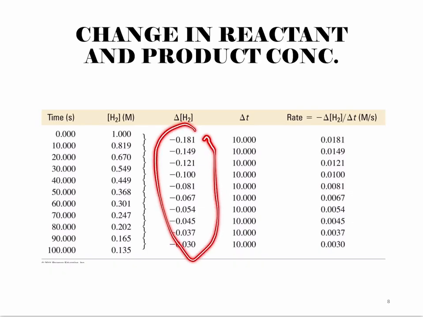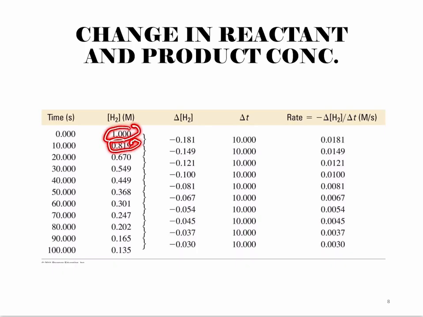In this column right here, all you're doing is taking the final time minus the initial time, and that gives you the change in time over that interval. We're looking at evenly spaced intervals here. This could be 10 seconds for each of those. And then the ratio of those gives you the reaction rate, right? And that's the instantaneous reaction rate, because you're taking between two specific points.